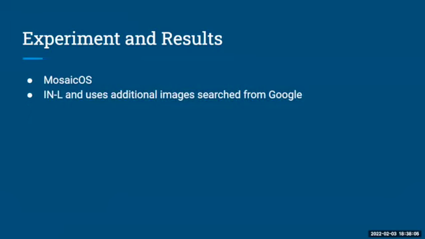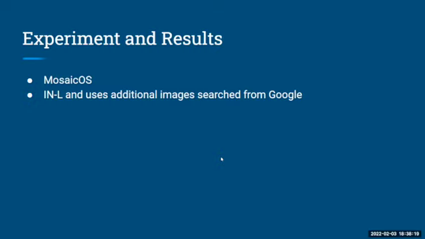Moving on, I'm going to be talking now about another method called MosaicOS and how it compares to detic. MosaicOS is a simple and effective use of object-centric images for long-tailed object detection. It was proposed in 2021, and it also uses image-level annotations to improve on the LVIS dataset. In addition to using the ImageNet-LVIS dataset, it also uses additional images searched from Google as image supervised data.